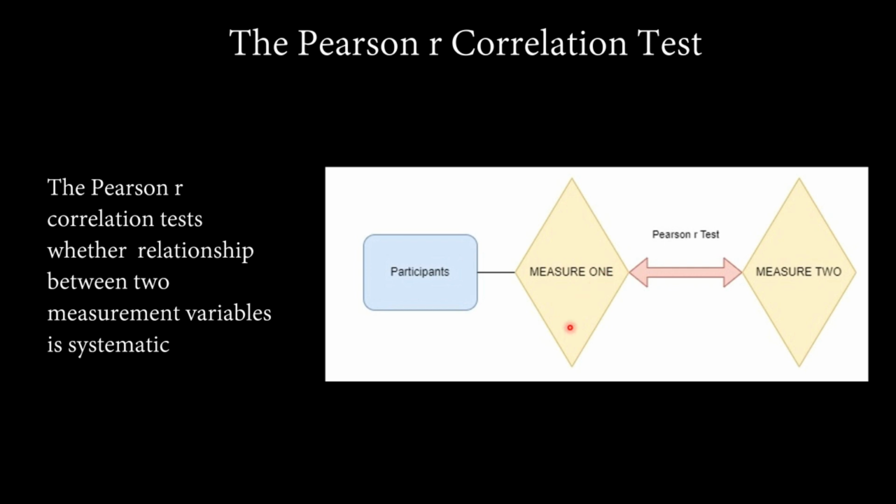So I have one measure and I have another measure, if you like, anxiety level and satisfaction. What the test does is it looks at the relationship between these two and checks whether this is systematic or not. So the question here is, is there a relationship? And secondly, is this relationship systematic?